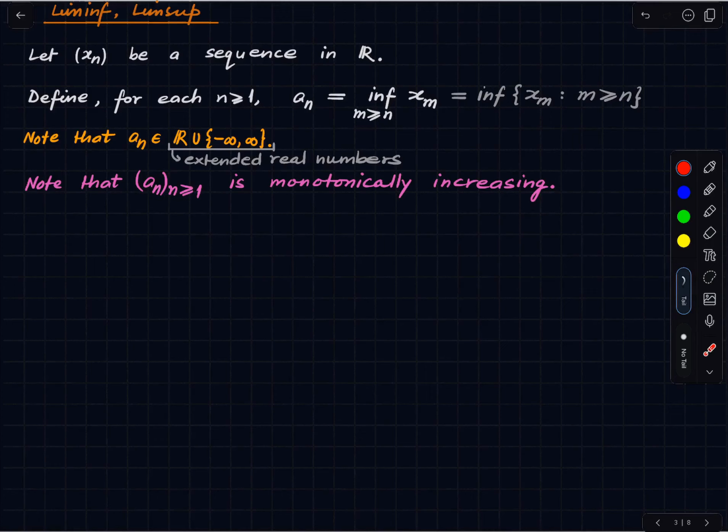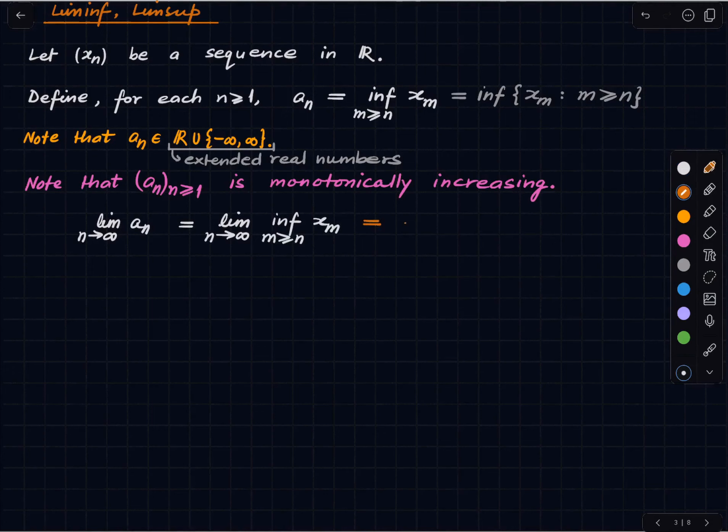So what we can do is we can talk about the following. We can talk about this number, the limit of this thing. Now this could be minus infinite, or this could be plus infinite, right? Or this could be some real number. So just to expand it out, this is equal to that number, which by notation is written like this.